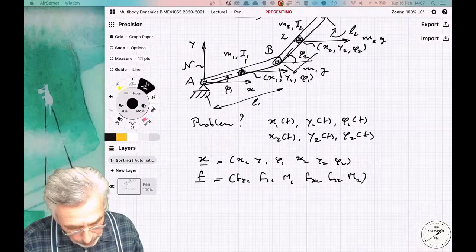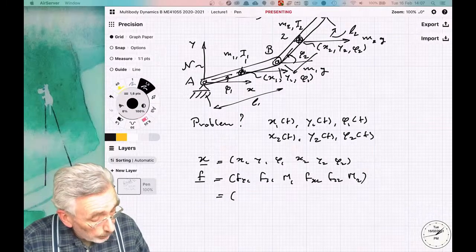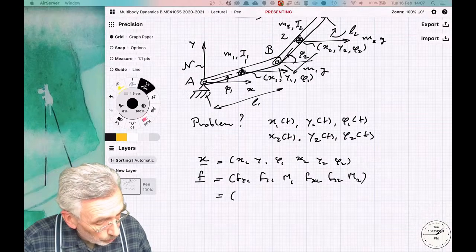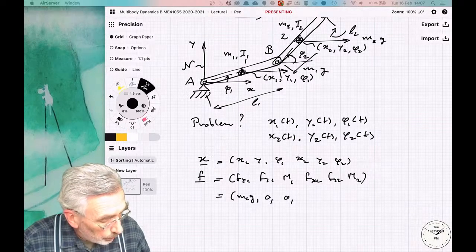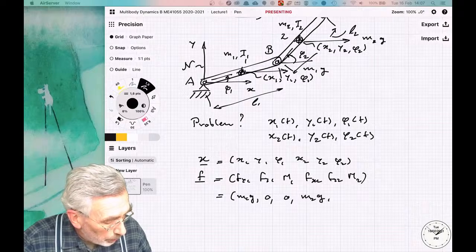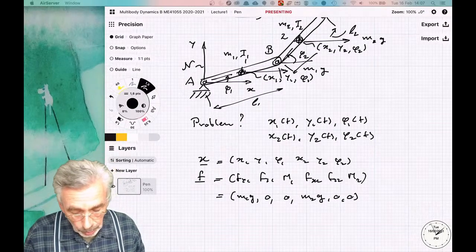In our case we even know what the applied forces are at the center of mass. So in the horizontal direction we have m1g, 0, no torque, m2g, 0, no torque. And what the other forces are, we don't know. We want to solve that.